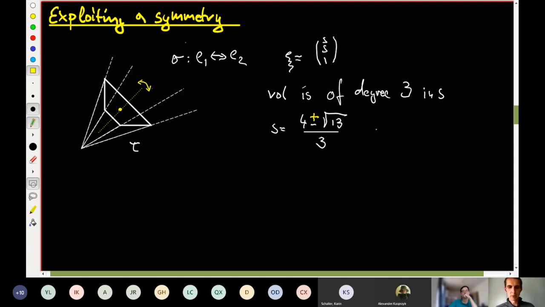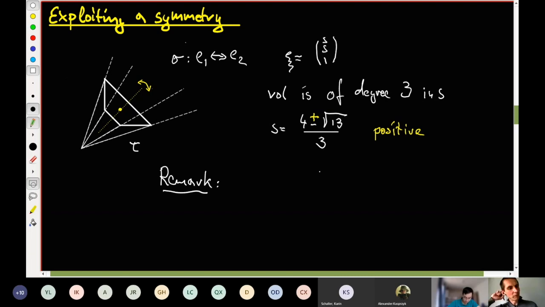So this is the positive solution. Okay, so what's remarkable here? The remarkable point is that this is actually an irrational number.